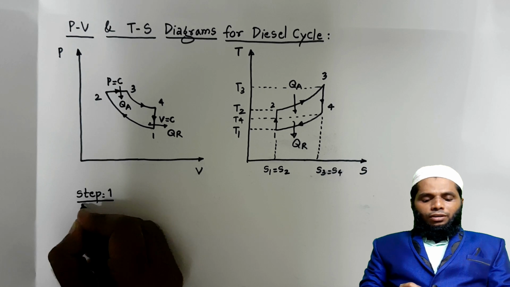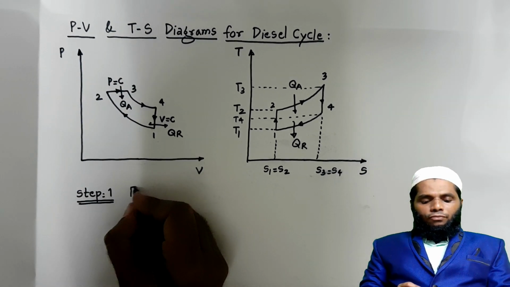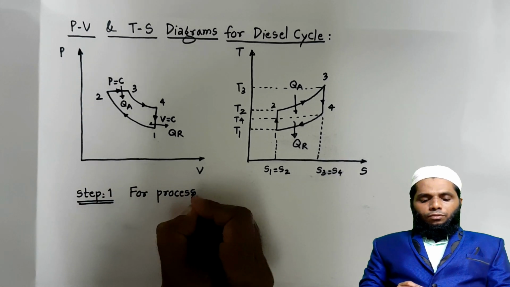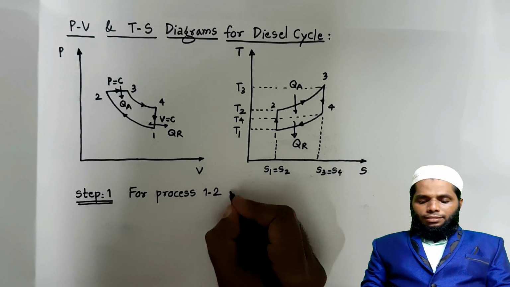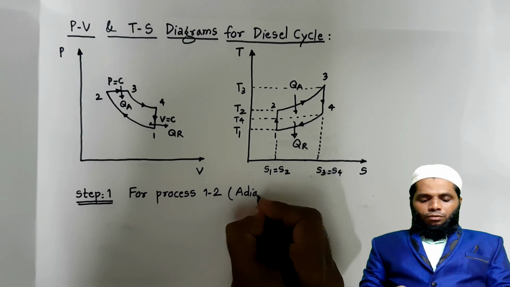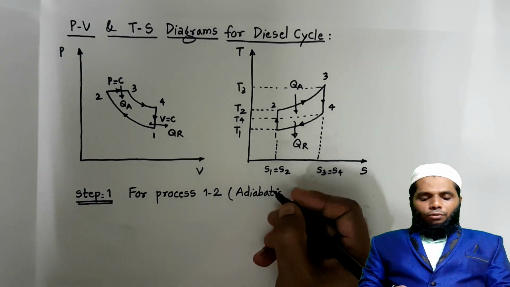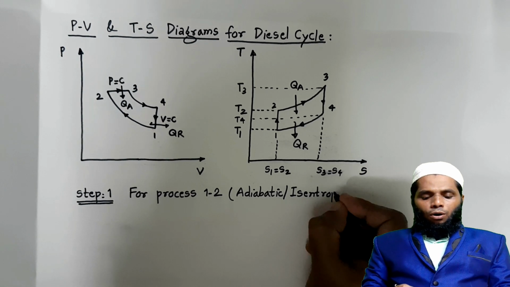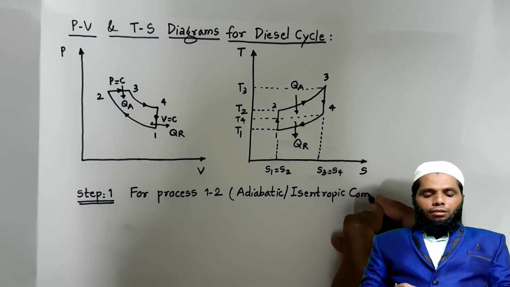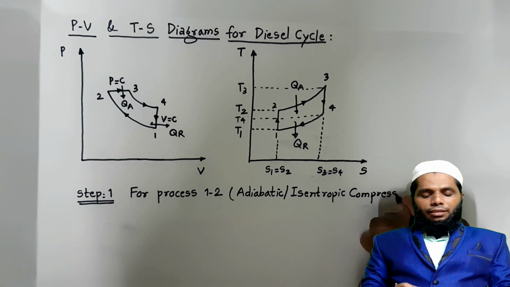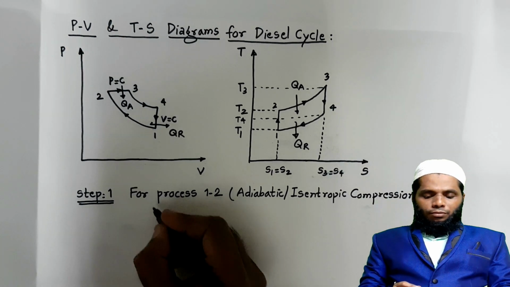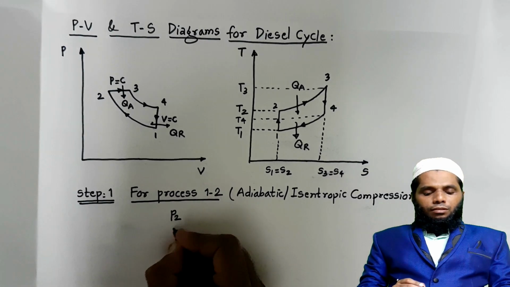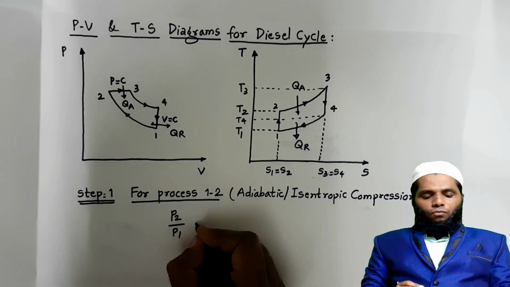So in first step we'll start from process 1 to 2, which is adiabatic or isentropic process. In this process we have relation as per adiabatic law in between pressure and volume and in between temperature and pressure. So first of all we'll apply the relation between pressure and volumes.